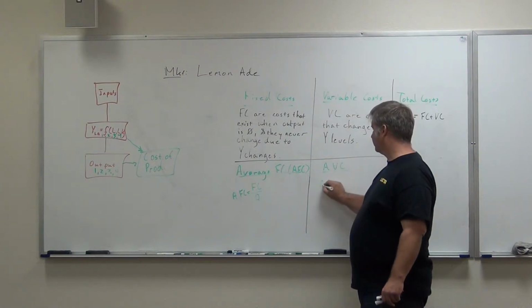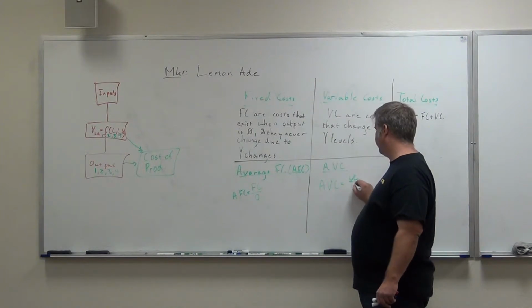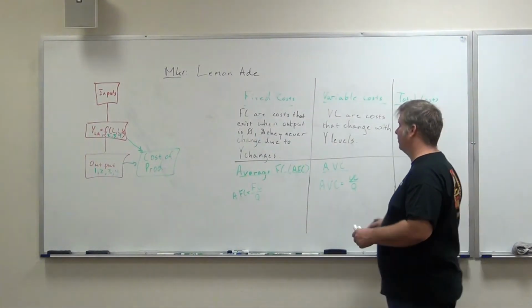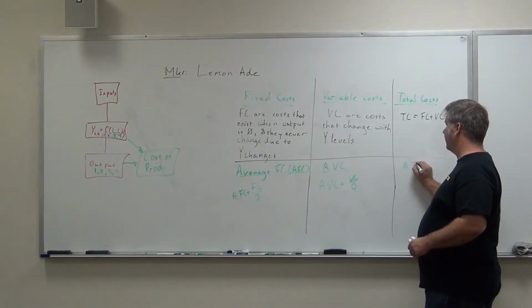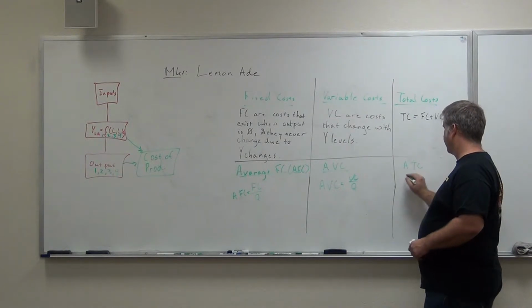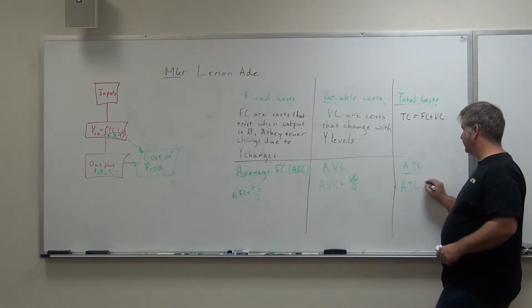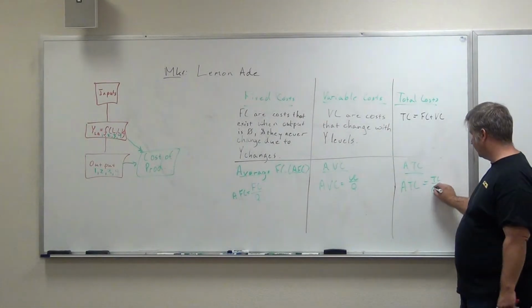Average variable costs equal, you guessed it, variable cost divided by quantity, or divided by output, right? Y or Q, we can use either. And average total costs, what do you guys think it is? Total cost divided by quantity.